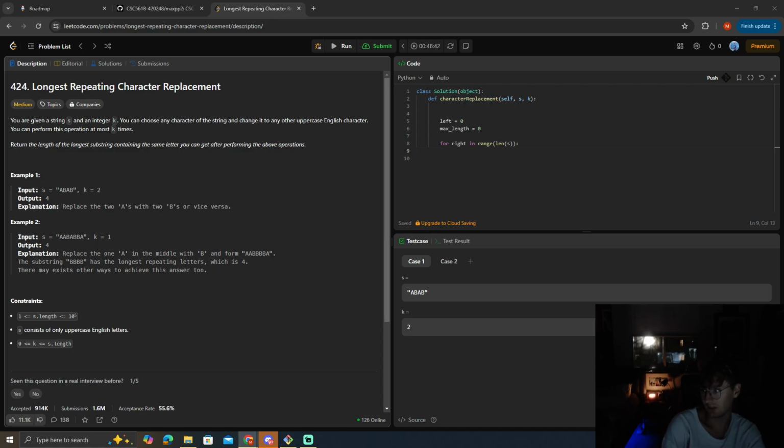What is the best data structure used to remember the characters while using sliding window technique? Hash map. Okay.